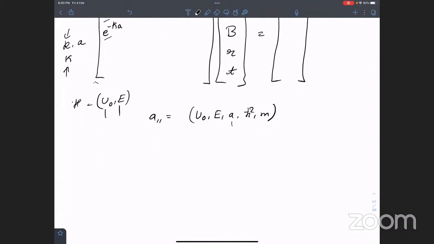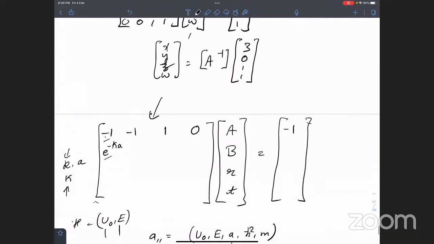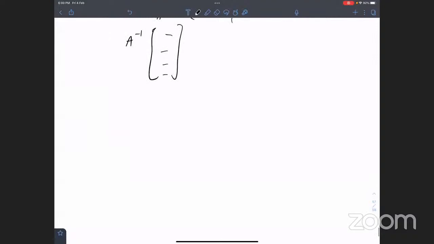You can go to MATLAB and simply take the inverse of the matrix and multiply that by this other vector. At the end of the day, you will get numerical values. So for any value of E, you will be able to get R and T. Now, if I take the absolute value of T squared, that will give me capital T, the transmittance. So this is how you will be able to plot T versus E.